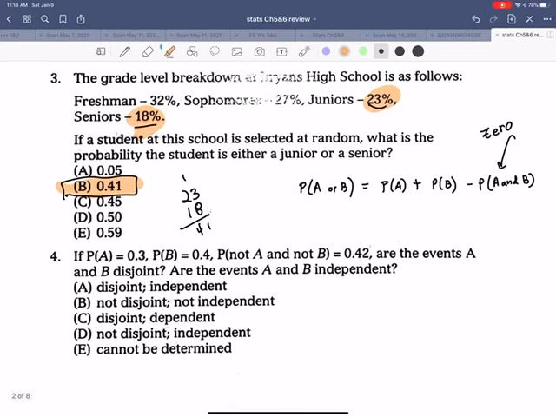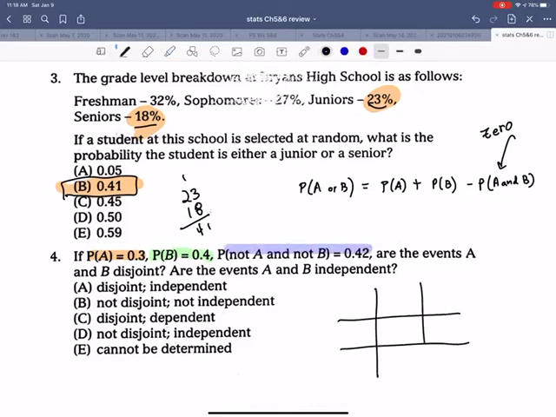Let's look at 4. If the probability of A is 0.3 and the probability of B is 0.4, and the probability of not A and not B is 0.42. Okay. So I, again, am kind of a two-way table gal. So I have a probability of A and not A. Remember that notation?